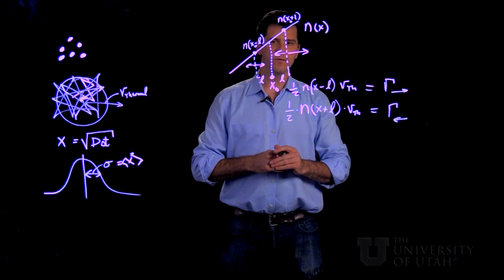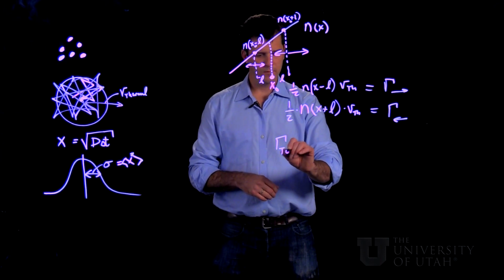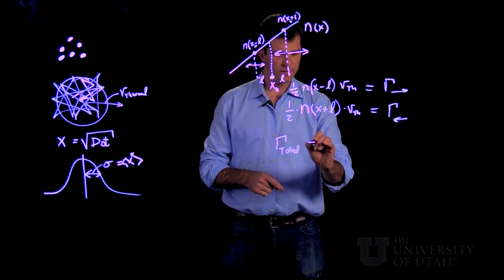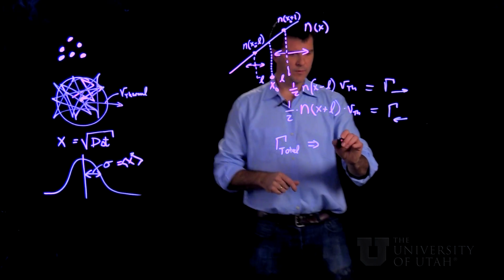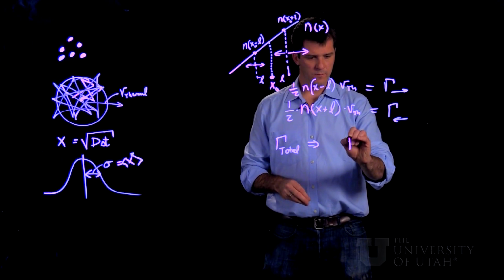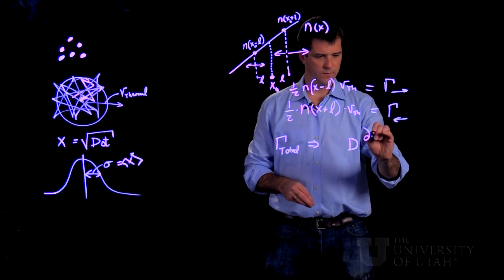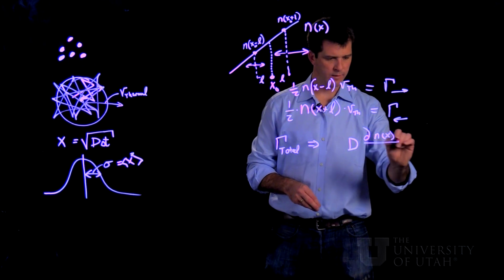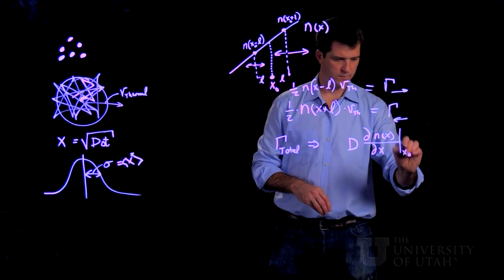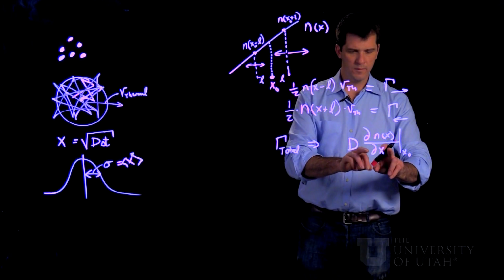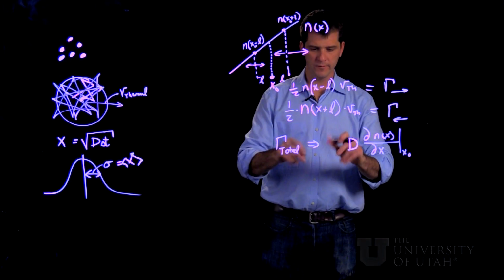By considering these fluxes, we can then compute the total flux, and this is going to be the difference between these two. It ends up that the total flux will be some diffusion coefficient times the derivative of n of x at the point x naught. So the derivative of the carrier distribution is providing the driving force for this particle flux.